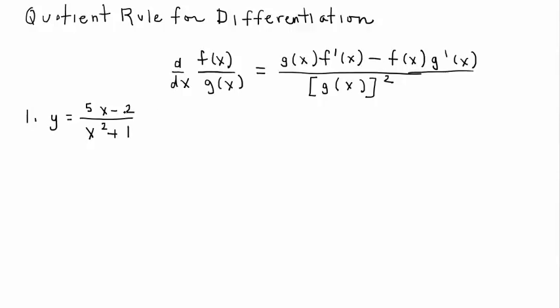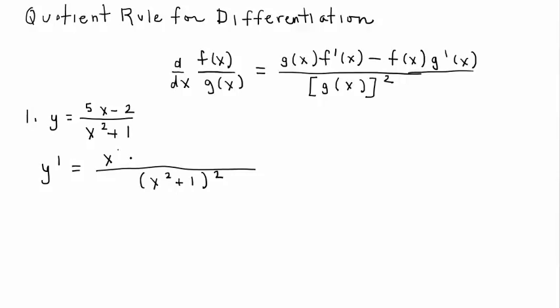All right, so let's begin to build the answer for the derivative. Applying the formula, it's the denominator of the problem, quantity squared. Easy enough. Always start there. Then you can kick off the numerator with the denominator, not squared, but the denominator of the problem, x squared plus 1, times the derivative of the numerator.